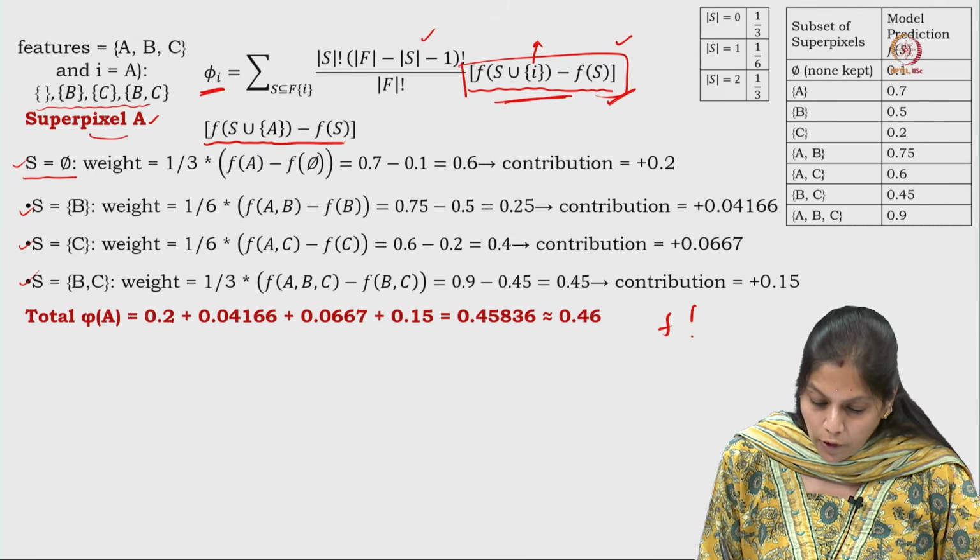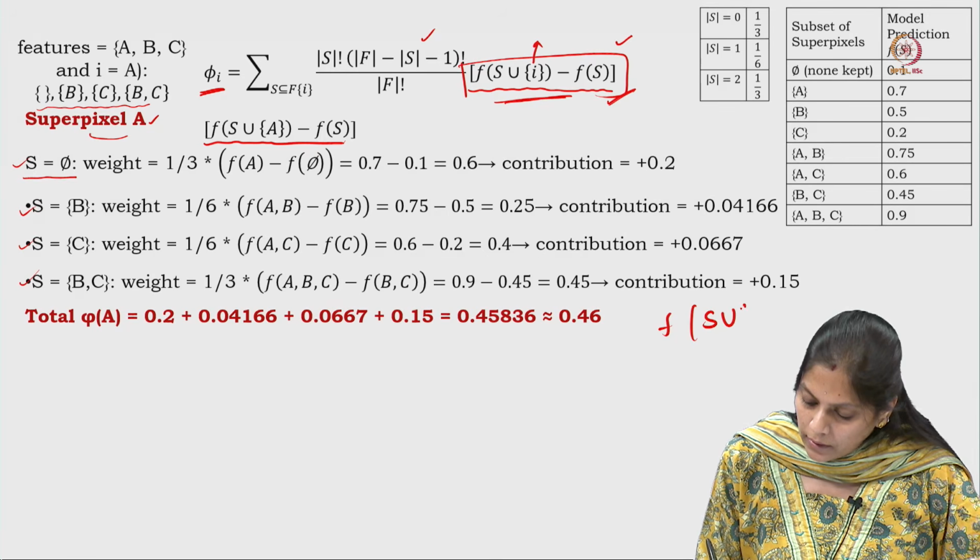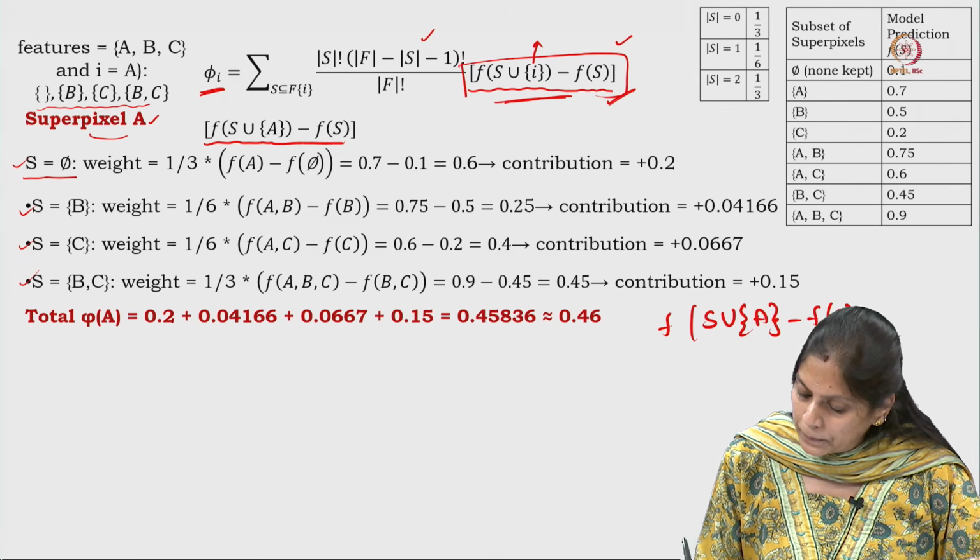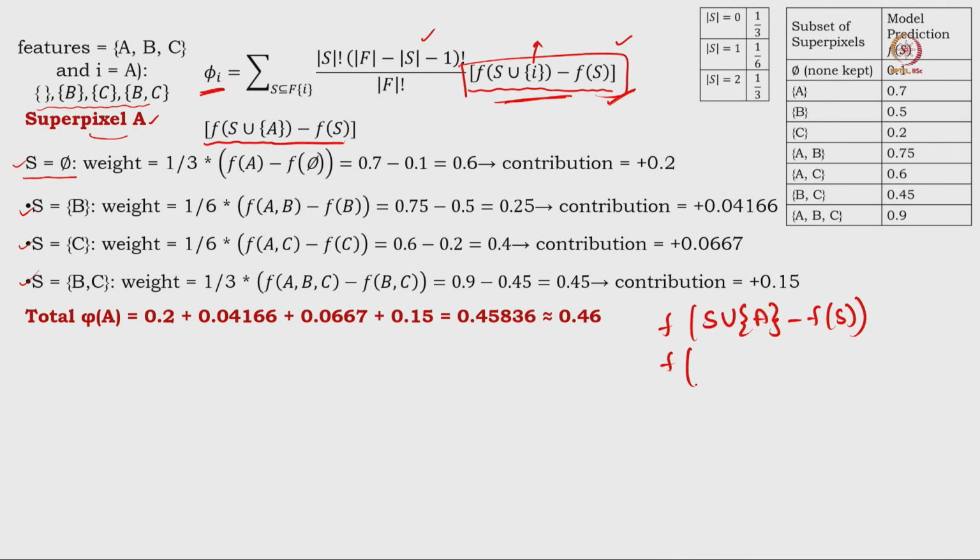It is f of S union A minus f of S. S is null, so S union A is A, minus f of empty, which is null.